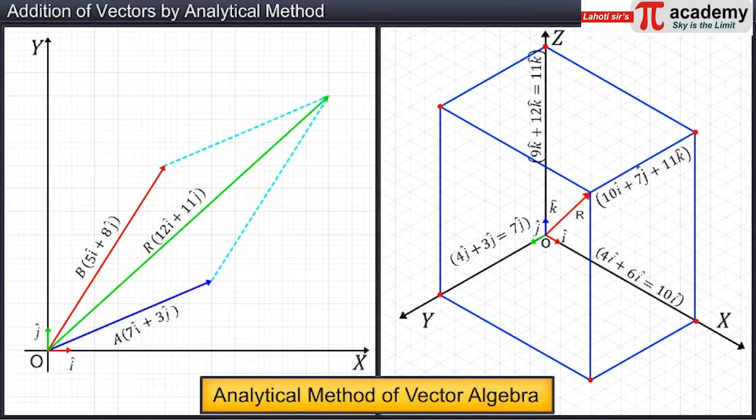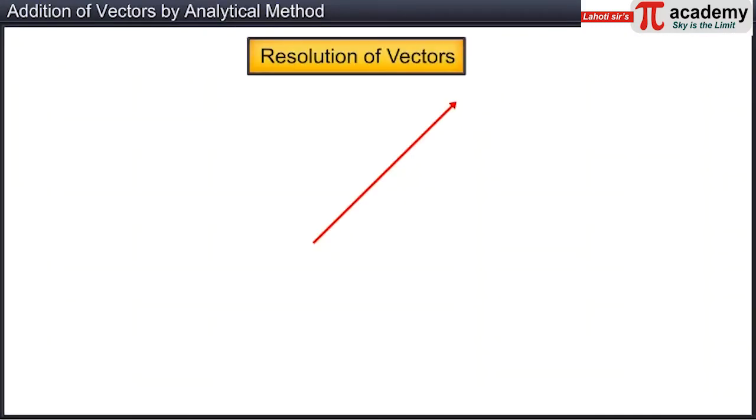Before learning the analytical method of vector algebra, you should understand the concept of resolution of a given vector in any two required directions. To understand the resolution of vectors, consider three vectors A, B, and C lying in one plane.